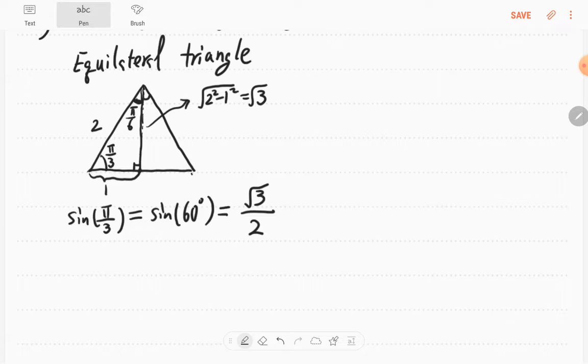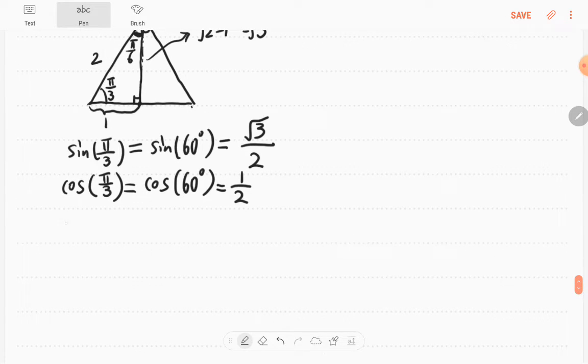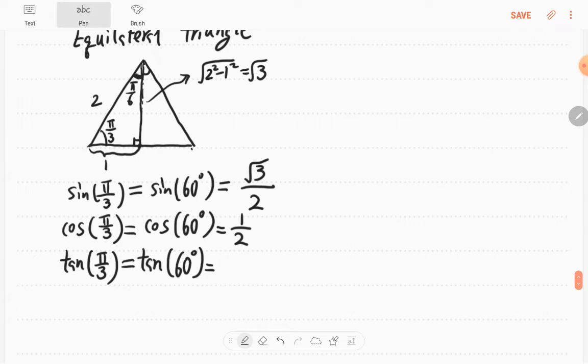And the cosine of pi over 3 equals cosine 60 degrees. So this is the adjacent, 1, over the hypotenuse, so it's 1/2. Tangent pi over 3, which is equal to tangent 60 degrees, is opposite over adjacent, so this is square root 3.